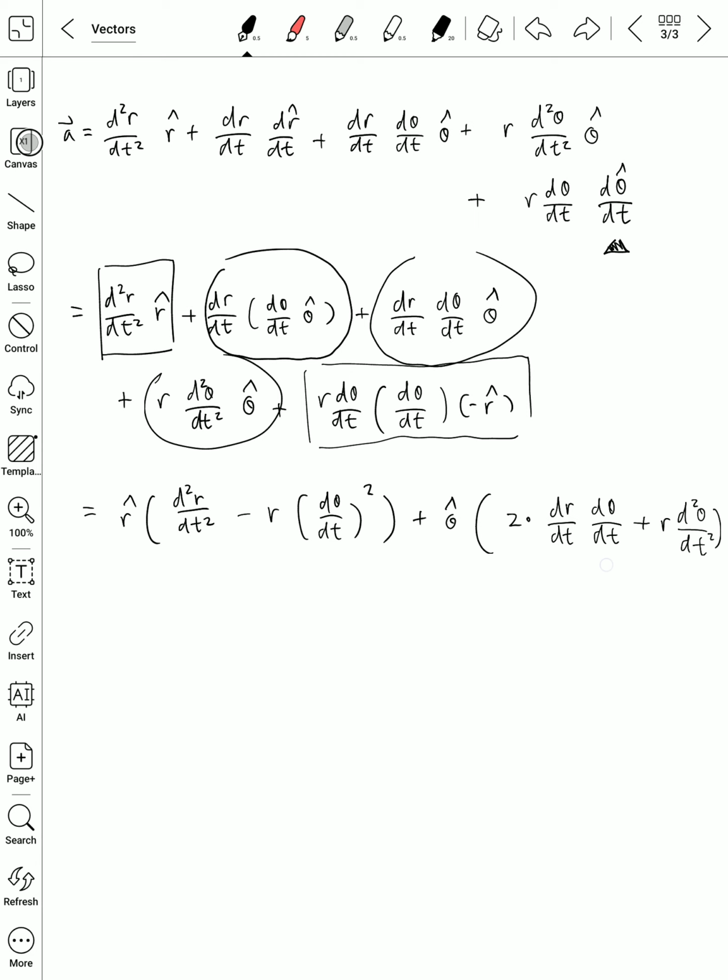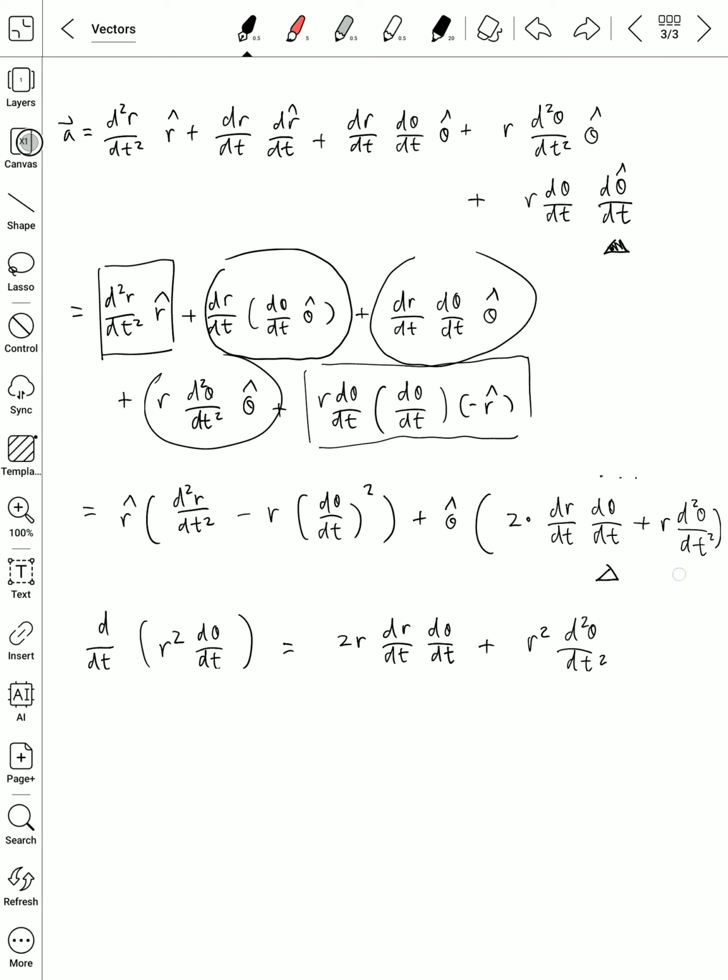Alright, but there's a clever trick that can be applied here in order to further simplify. Notice that d/dt of (r² dθ/dt) equals 2r dr/dt dθ/dt, by the chain rule, plus r² d²θ/dt².